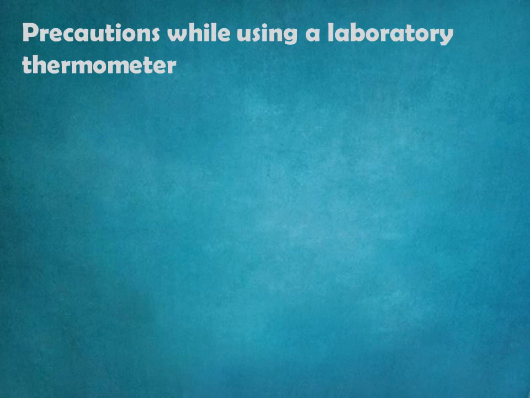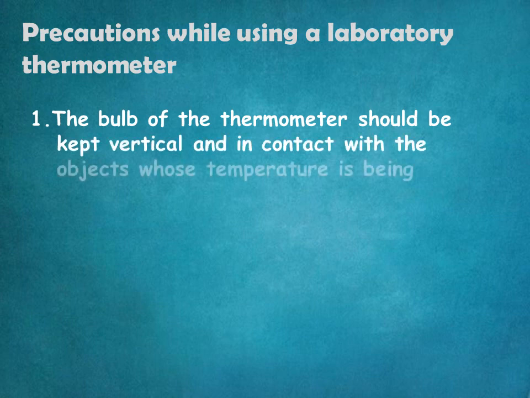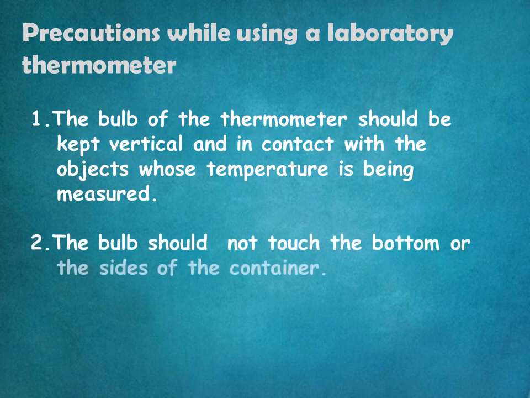Let us discuss some precautions while using a laboratory thermometer. The bulb of the thermometer should be kept vertical and in contact with the objects whose temperature is being measured. The bulb should not touch the bottom or the sides of the container.